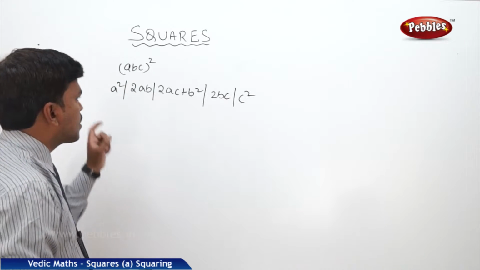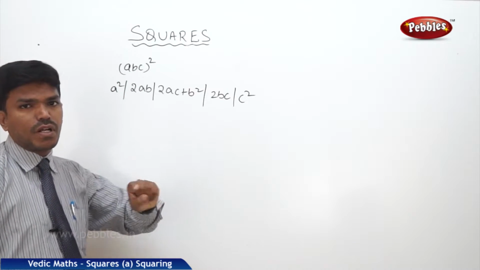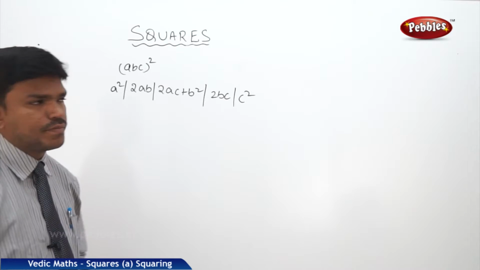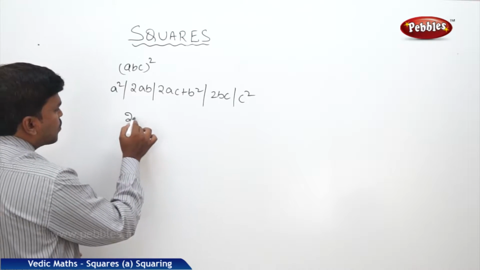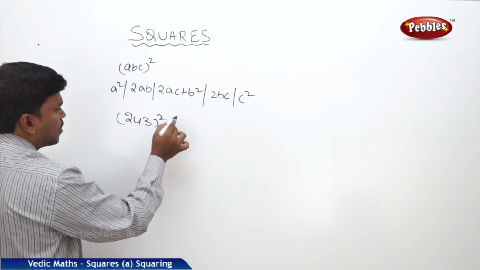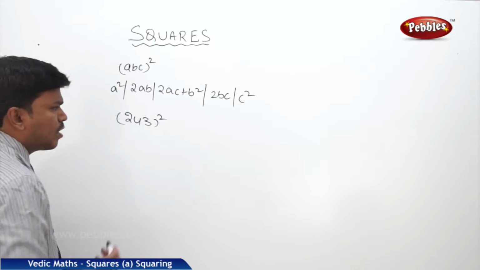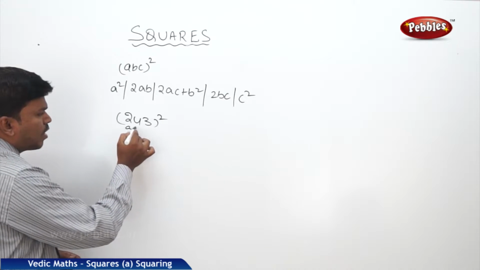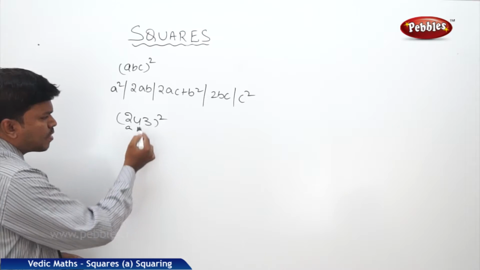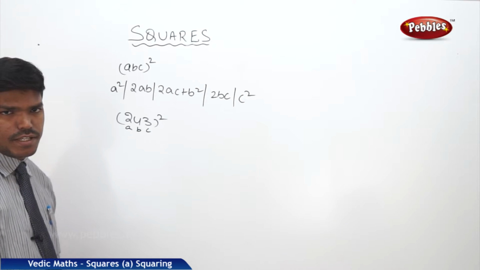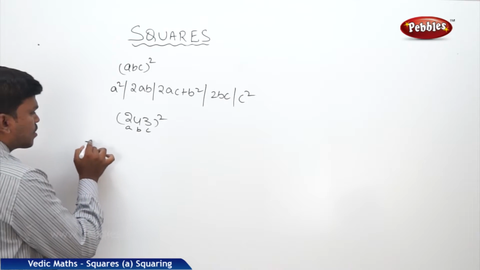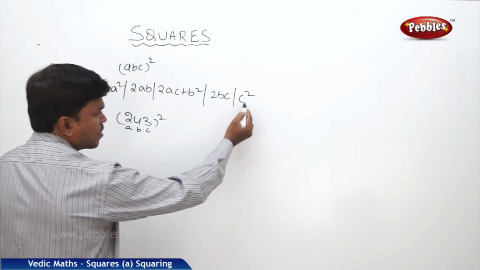Now we will apply the triple digit formula to a triple digit number. Let us take 243 square. As we discussed already, the hundreds place is A, the tens place is B, the ones place is C. Start from the right side. What is C square here?